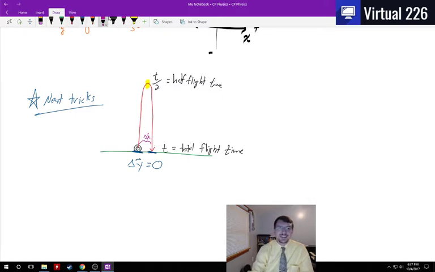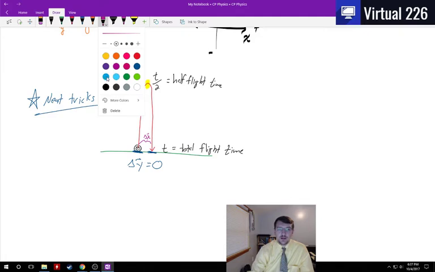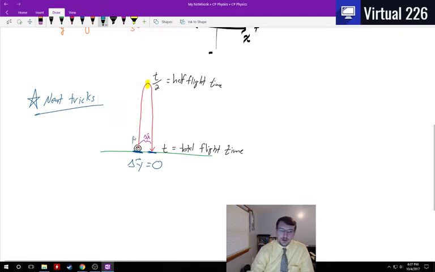The very last thing that we can make note of is, let's pretend that in the very beginning this ball was moving upward with an initial velocity of a positive 17 meters per second.